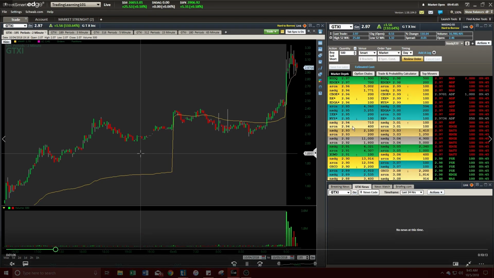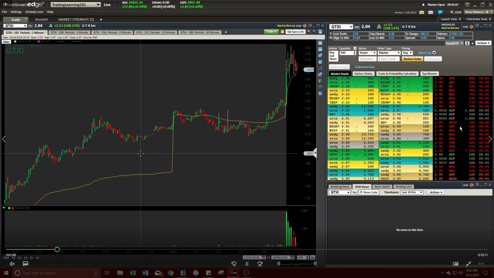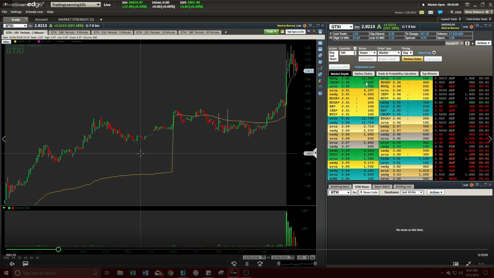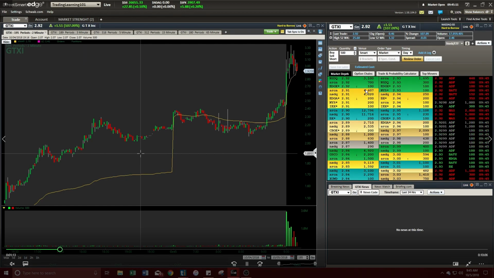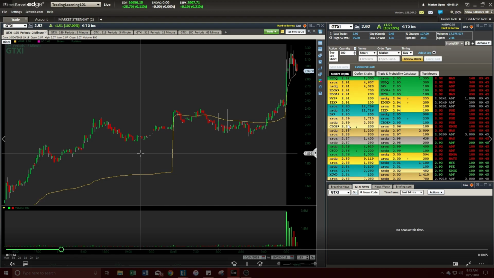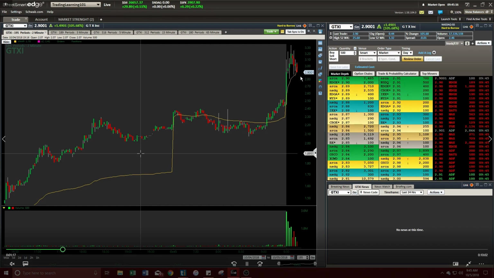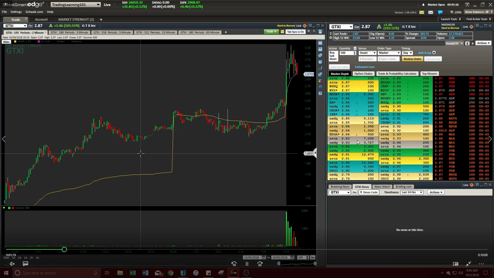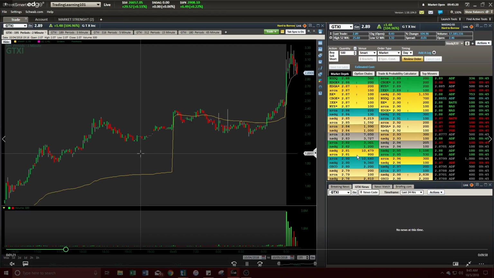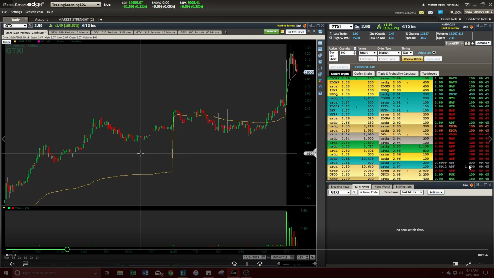Just like that, gets flushed out. All that selling coming through. We got 10,000 right here, and then it just disappears. And it's down to 290. So I'm looking for 290 to hold. 290 isn't holding. I'm seeing a lot of selling here on the ticker tape.